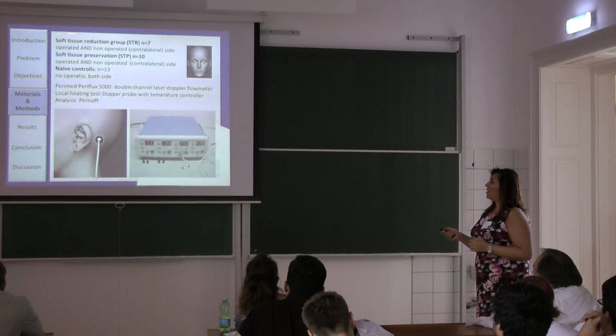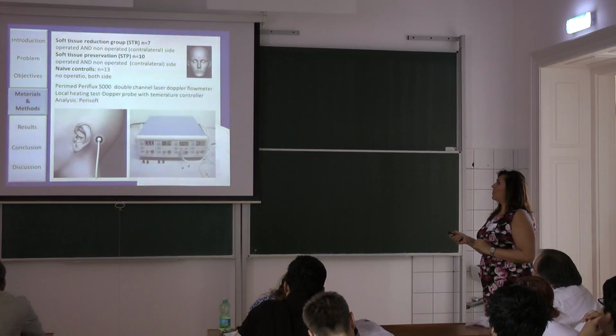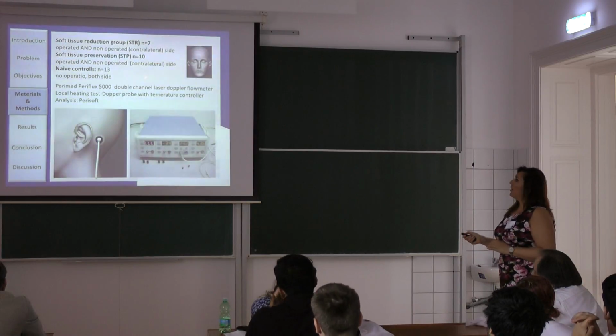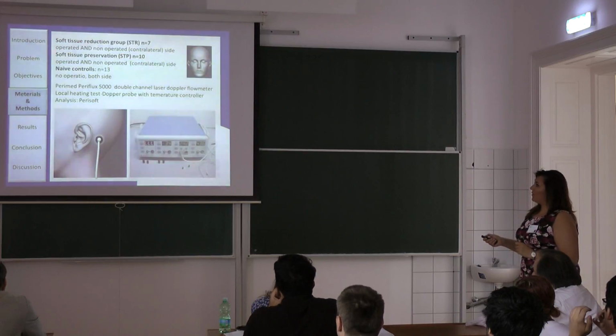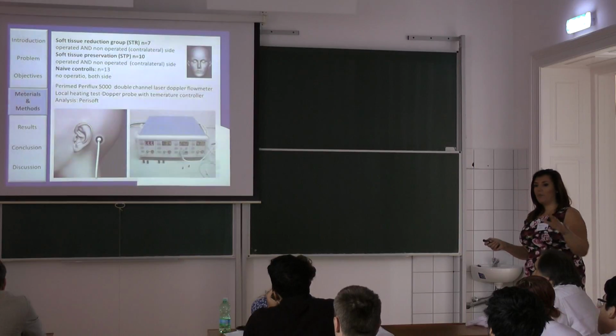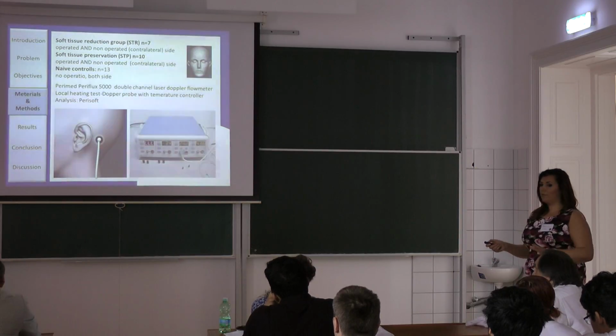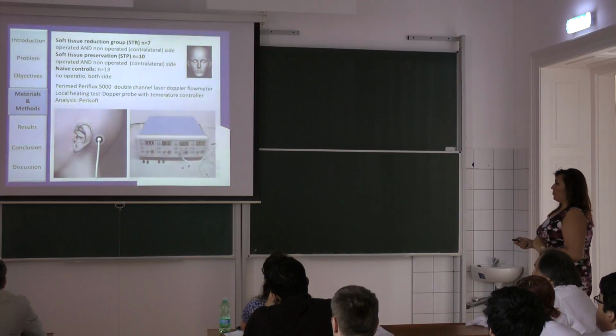The first one was operated with the previous technique, so these patients underwent soft tissue reduction. We measured the operated and the non-operated contralateral side. The other group underwent implantation with soft tissue preservation, again operated and non-operated side, and we had controls who have no operation, and we measured both sides.